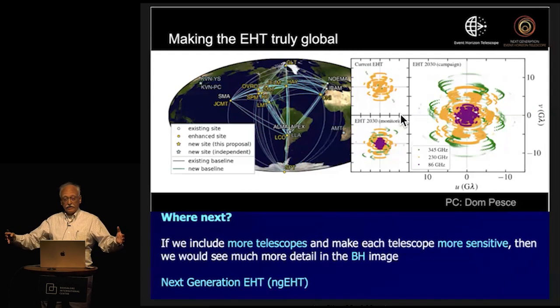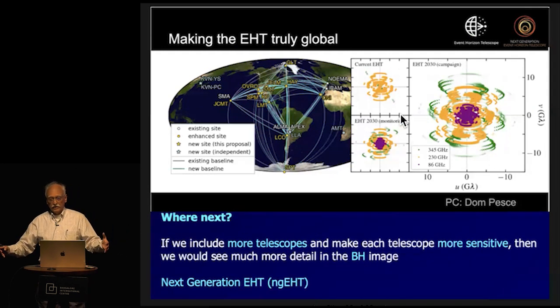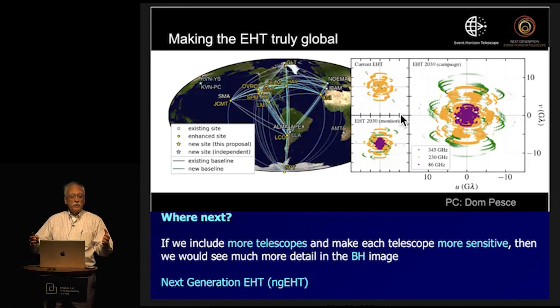If you are restricted to the size of the Earth, then all you can do is make more telescopes, more stations to collect data, collect more data, more sensitive data, etc. And this slide is all about that. I'll just mention in passing, there's another option which is also being explored: why should we be limited by the size of the Earth?